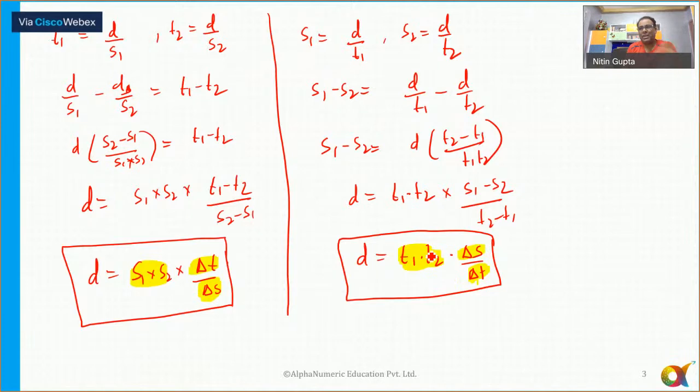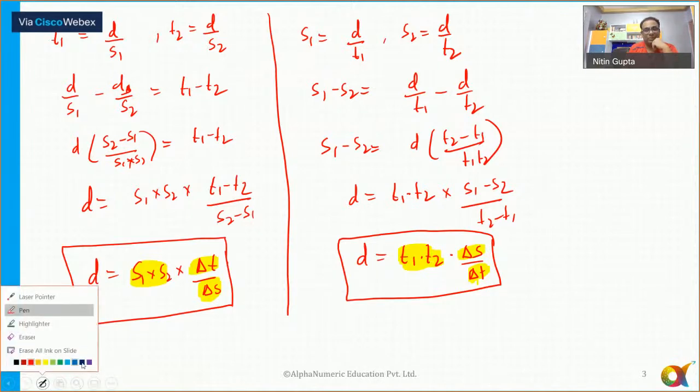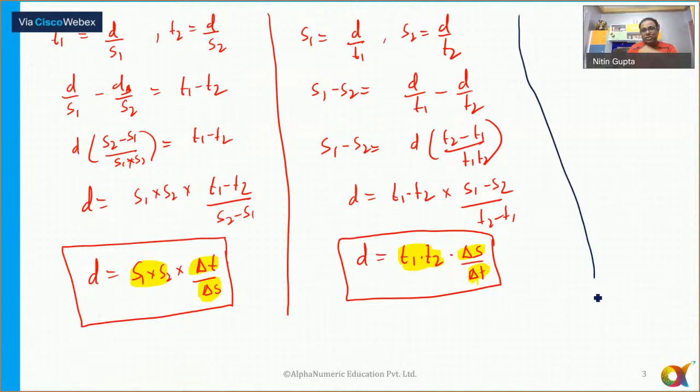So if I apply this formula to the previous question, question number 1 which you have done, what was the question? The question given to us was speed and time. When the speed was 7, I reached 9 minutes late, so plus 9 extra.